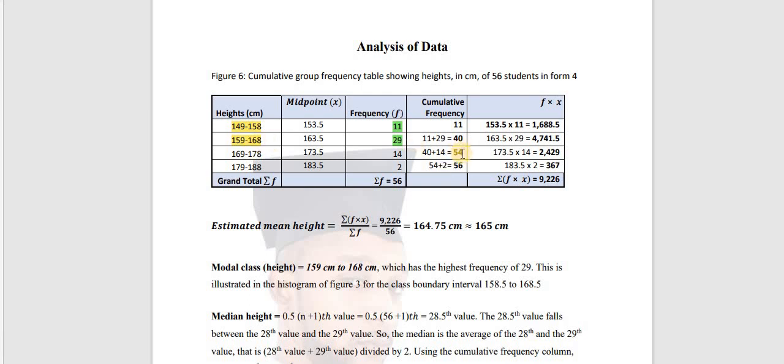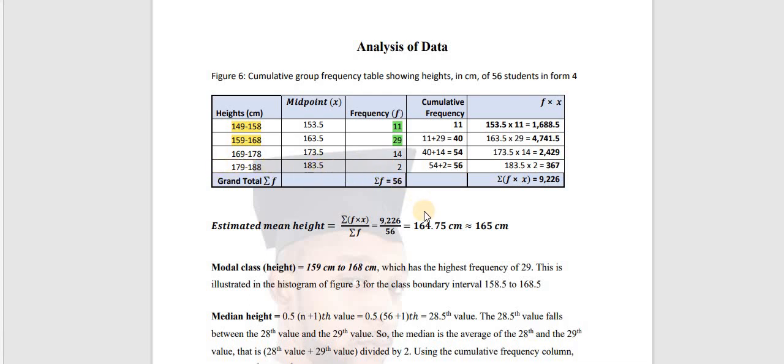Think about it. The first 11 students are in this category and we have 29 more students. Then the 41st to the 54th student will be in this category, with heights ranging in this category. Then the next two students, the 55th and the 56th, will be in this category.